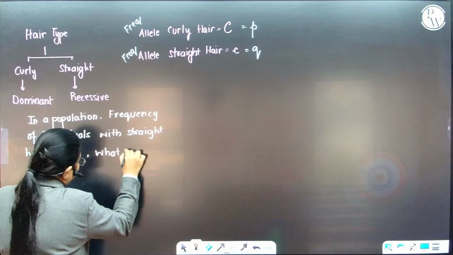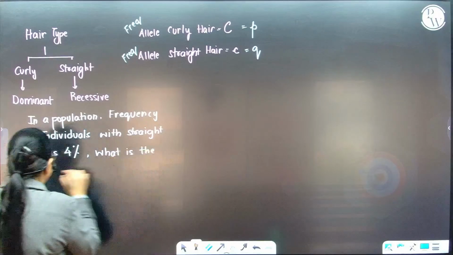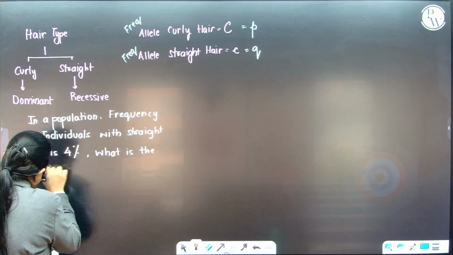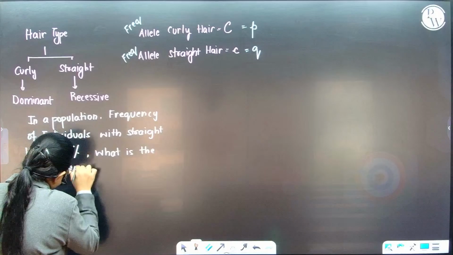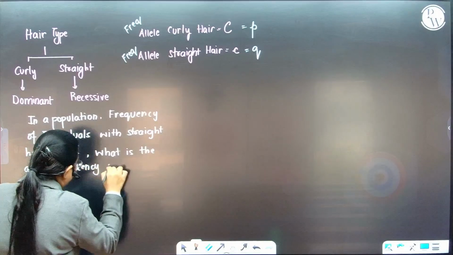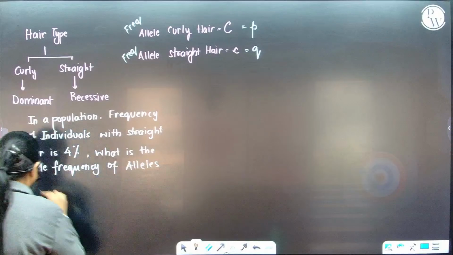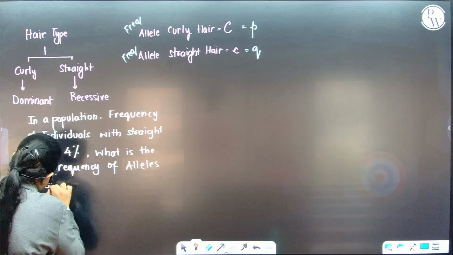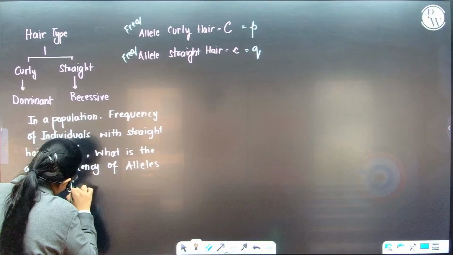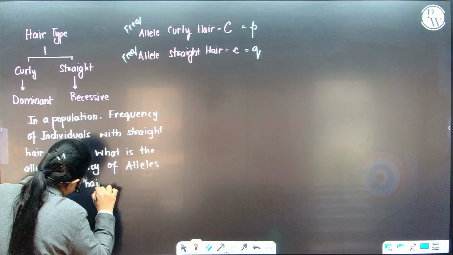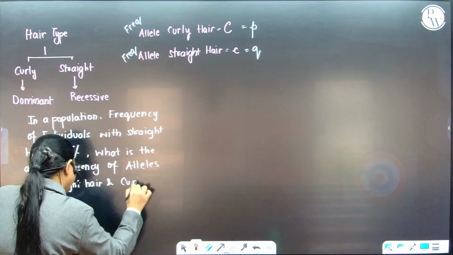What is the allele frequency of alleles for straight hair and curly hair?